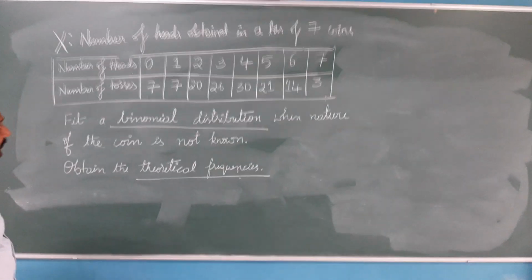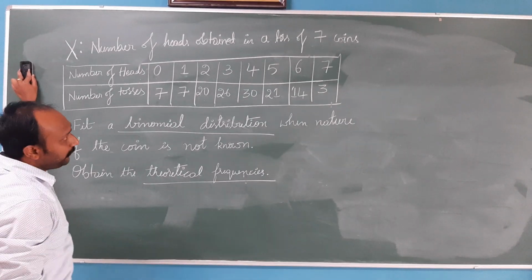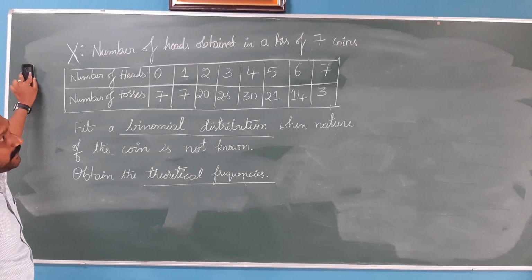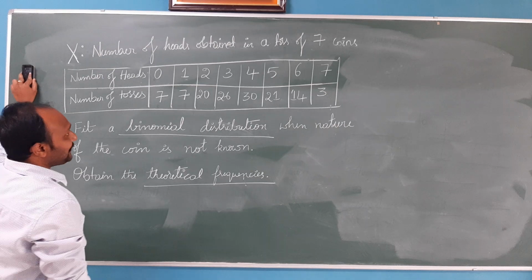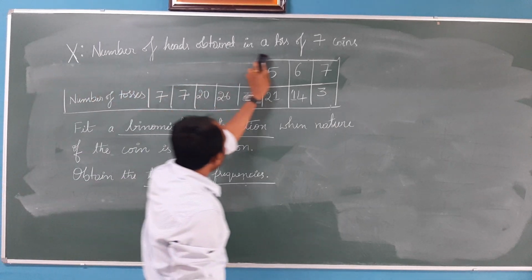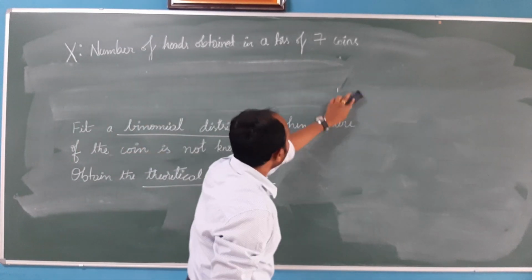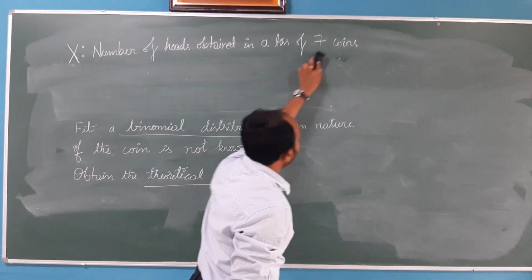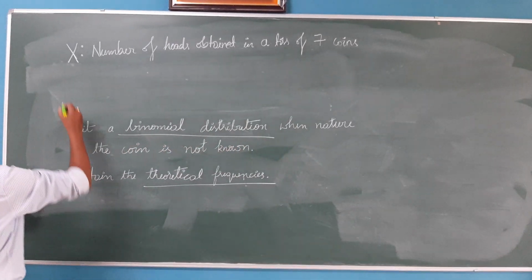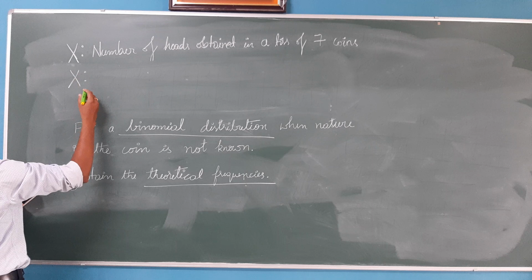So what is x? X indicates number of heads obtained when we toss 7 coins. Then x can take the value either 0, 1, 2, 3 or it can go up till 7. So x is a random variable.